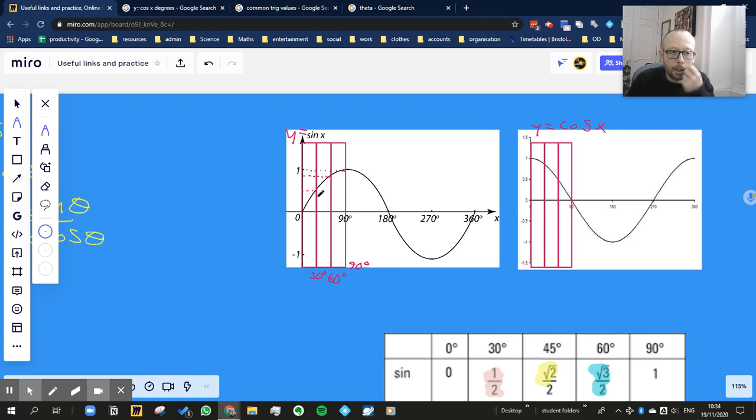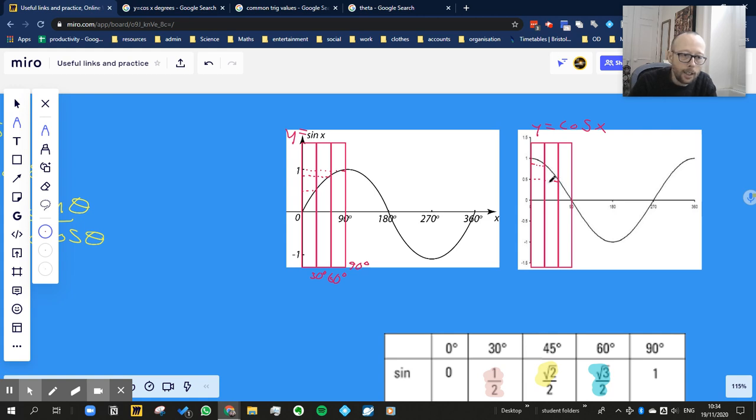It looks like at the beginning, sine starts to rise quite sharply and then starts to even off, whereas cos starts to fall more slowly. So sine of 30 would be this value here, and sine of 60 this value here. Sorry, cos of 30, cos of 60.